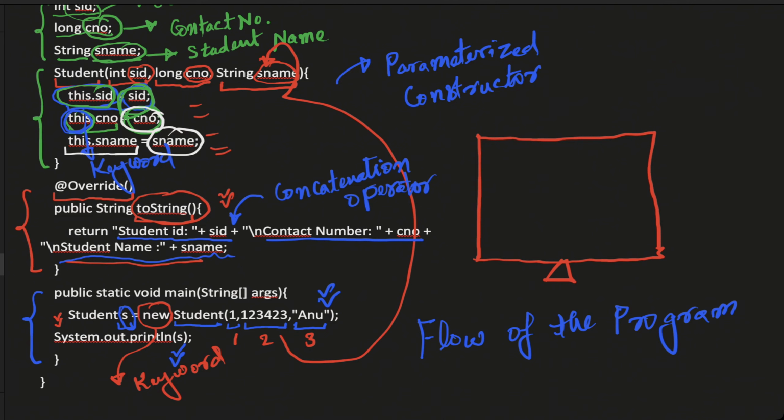The output will be, first, this string is printed on the console: Student ID. And now 1 is printed because in the current object we have 1 here. After that it will print the contact number.